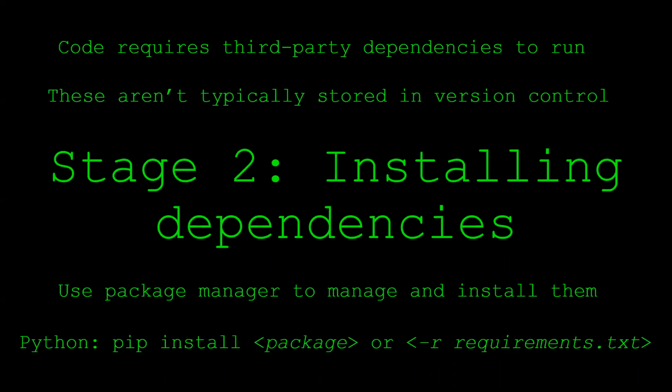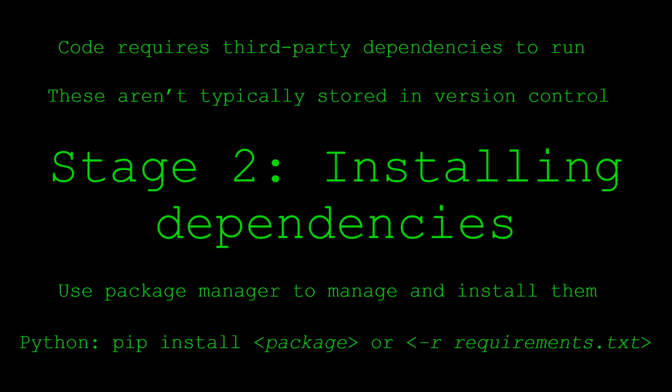And the way I do this with pip is by running a command line instruction, either pip install then the name of the package, or if I create a requirements file, just like we saw, running pip install -r and then the name of your requirements file, which is typically requirements.txt. And what pip, the Python package manager, will then do is install all of the dependencies that are listed in that file.